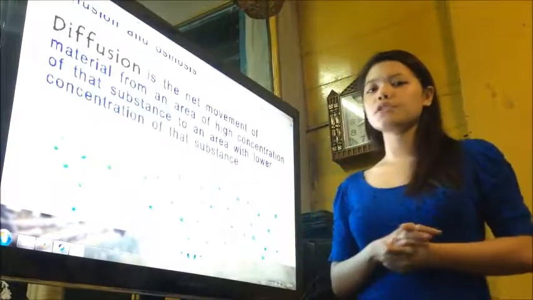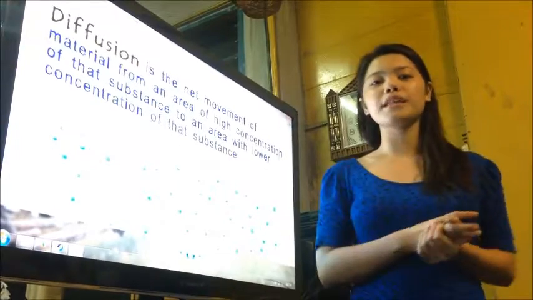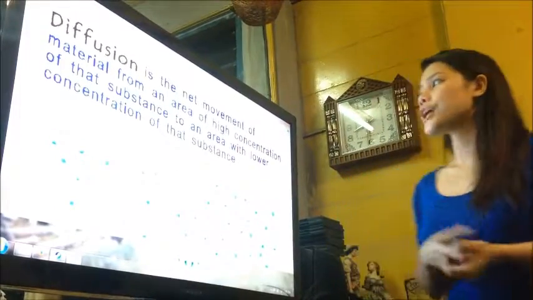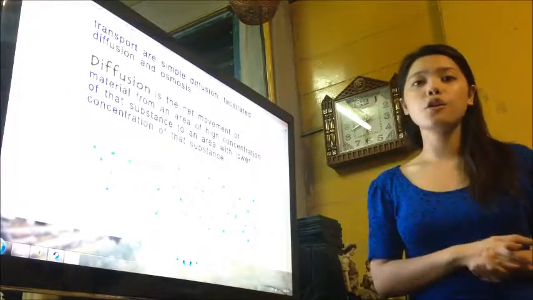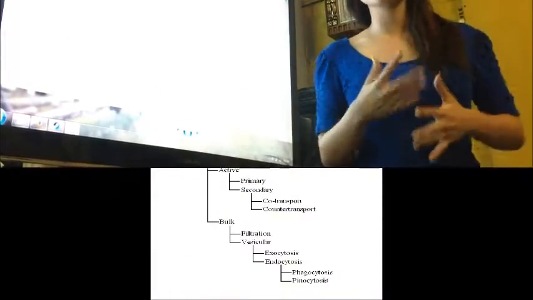So what is diffusion? Diffusion is a net movement of material from an area of high concentration of that substance to an area with a lower concentration of that substance.